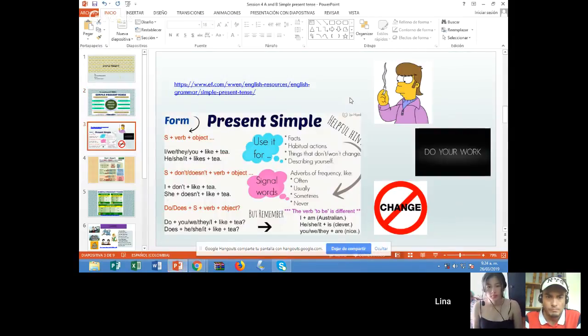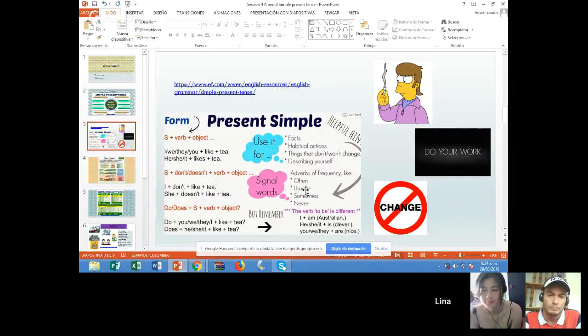I have here another examples. We use this form, the present simple, for different kind of facts. Habitual actions, like we said before, things that don't or won't change. Or to describe yourself. For example, I read books every morning. We use the adverbs of frequency: often, usually, sometimes, never.